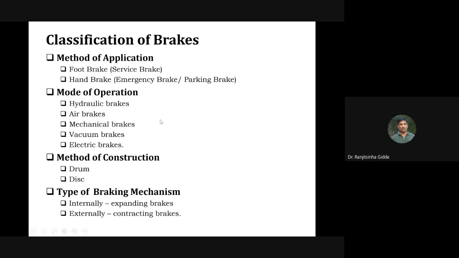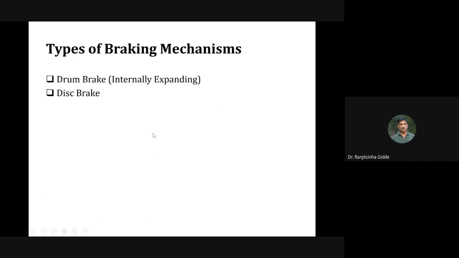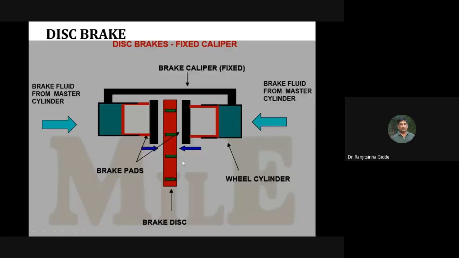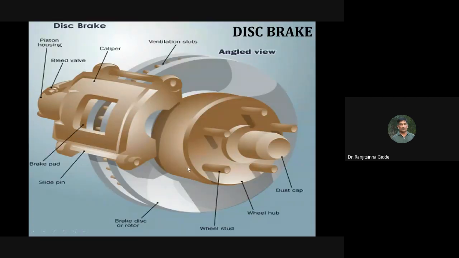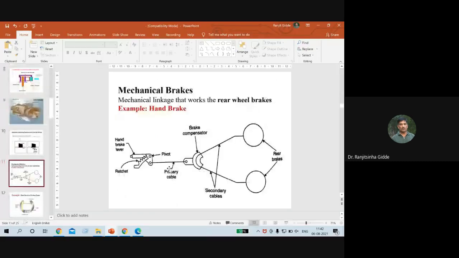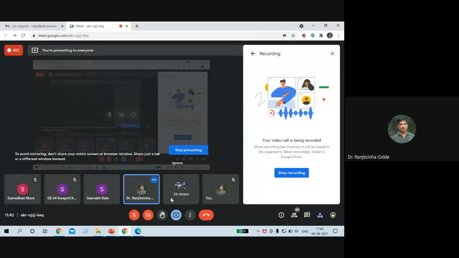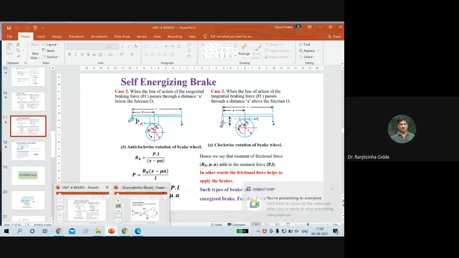So, this is the classification. Then there are two types, drum brake and disc brake. Generally our aim is to study the shoe brake. This is only the information on where a brake is required and its function that I have shown.